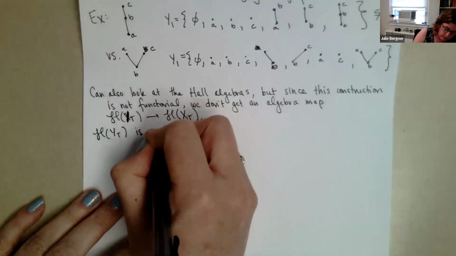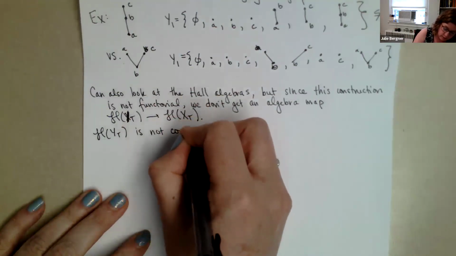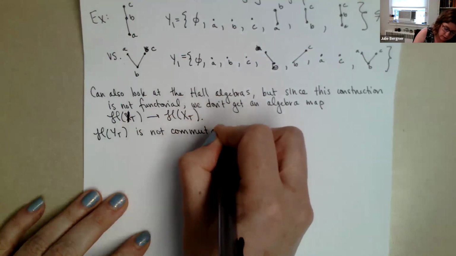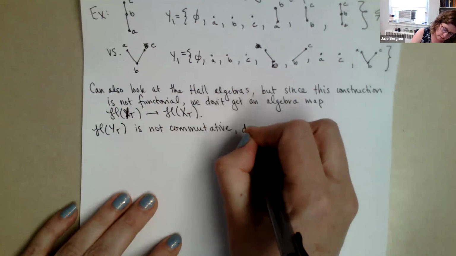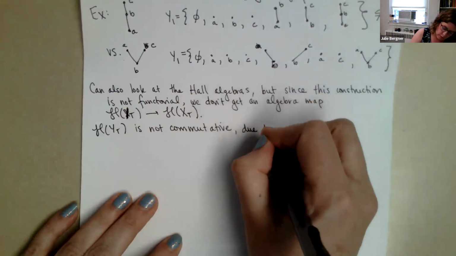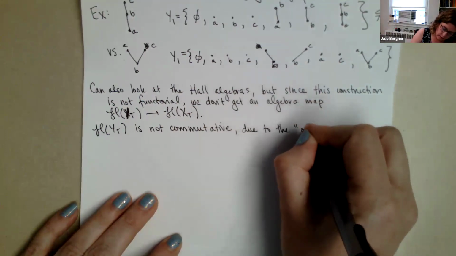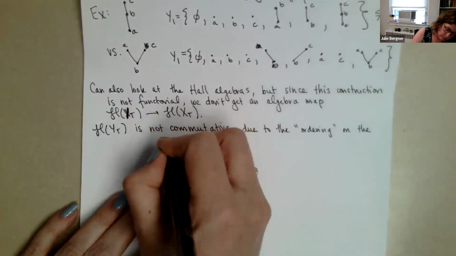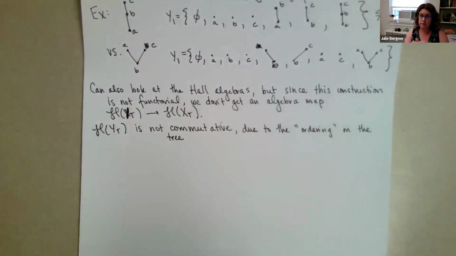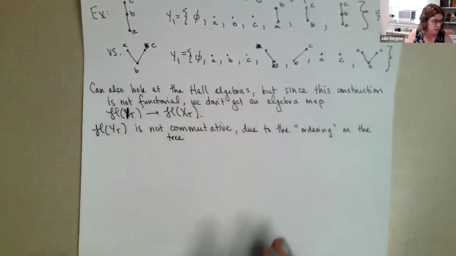Another comment is just that HYT is typically not commutative, in contrast, due to the ordering on the tree. So we don't have pairs of partitions, we just have cuts, and the cuts have an up and a down.